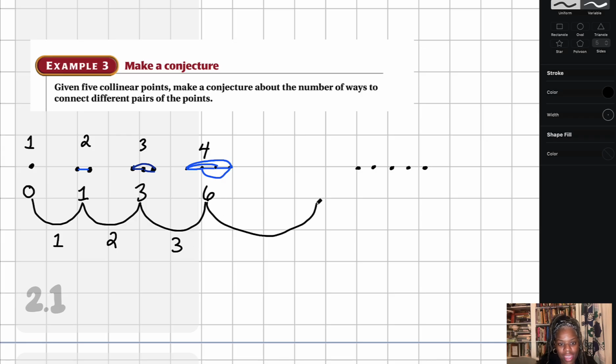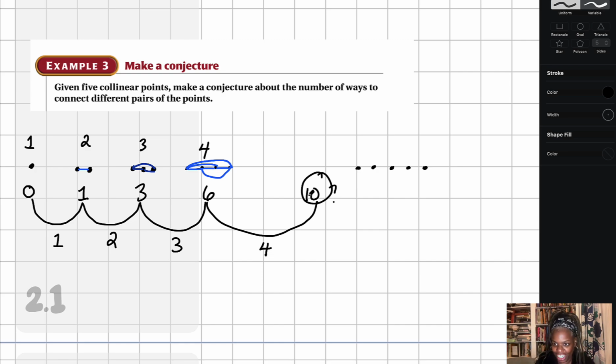So I'm thinking that maybe 4 more. There might be 10 different connections if we have 5. This is my guess. This is my conjecture, just looking at this information. So my conjecture is that if I have 5 dots, it's going to be 10 different connections.